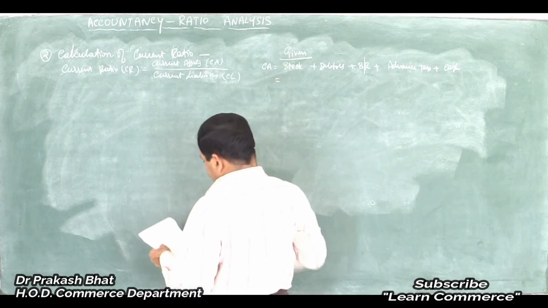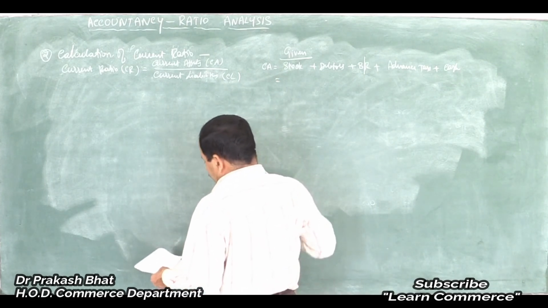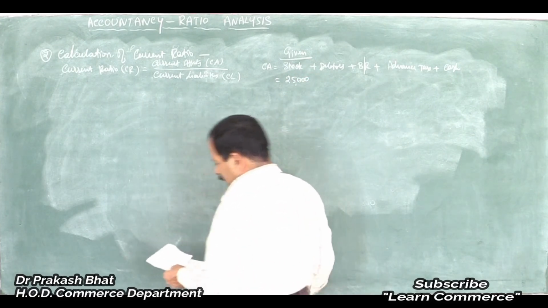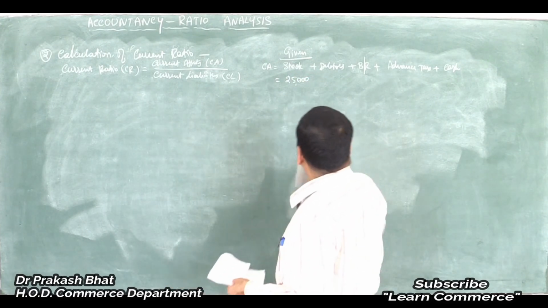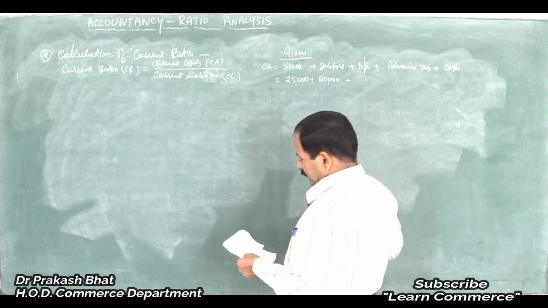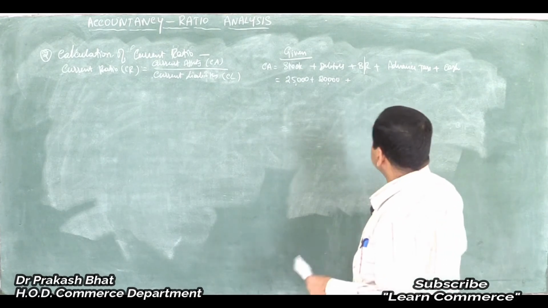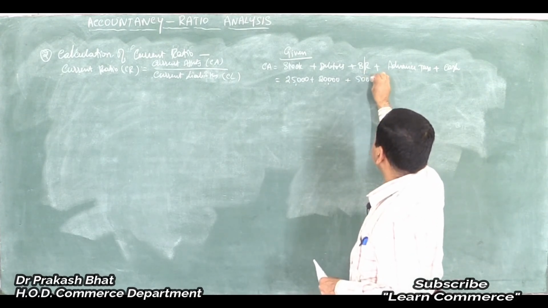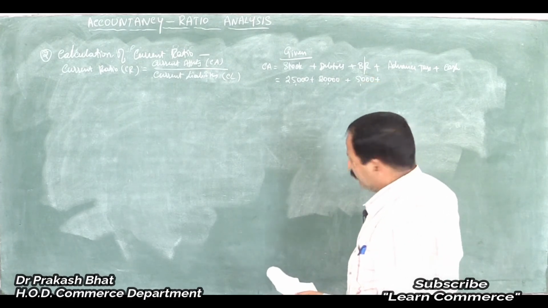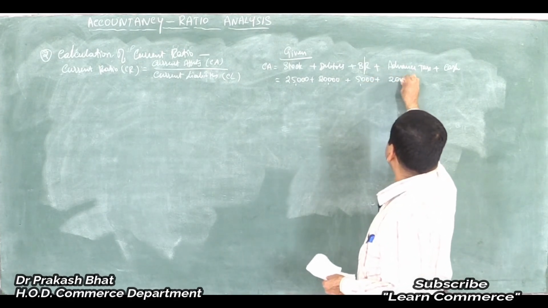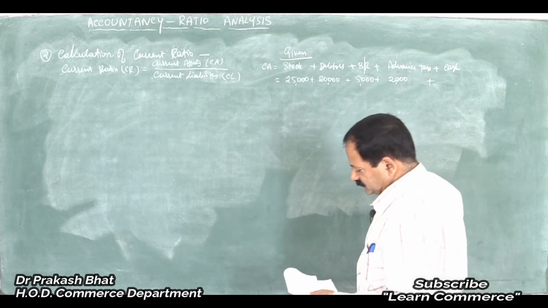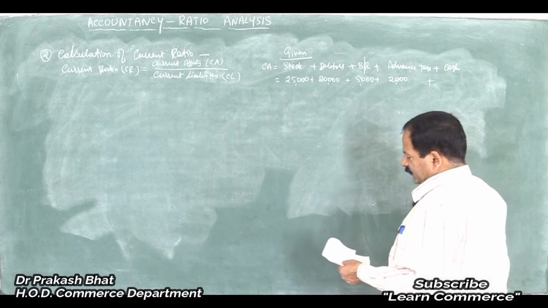Stock 25,000, then debtors 20,000 plus bills receivable 5,000, advance tax 2,000 plus cash 15,000.